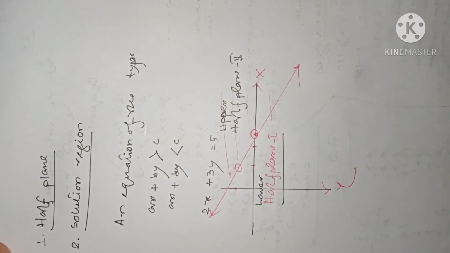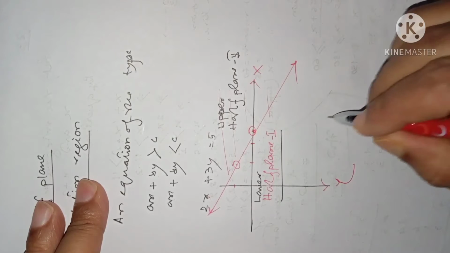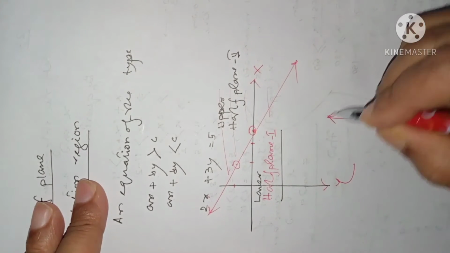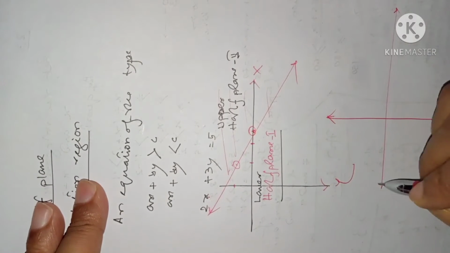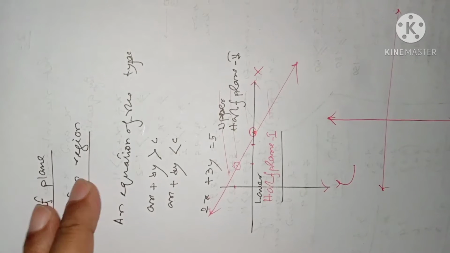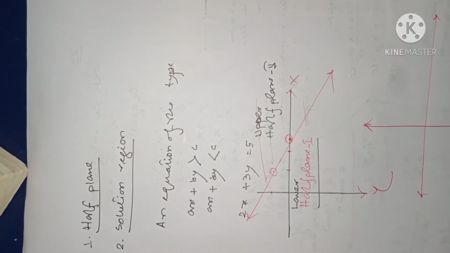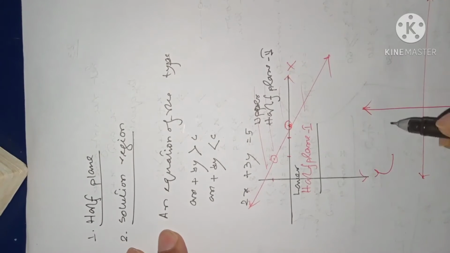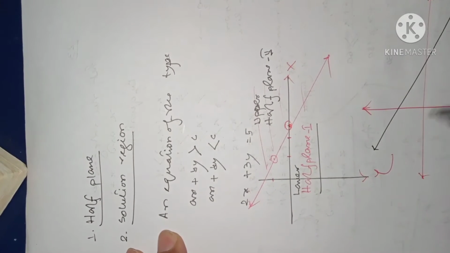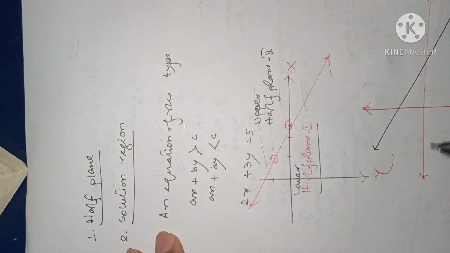So just remember this point, that whenever we draw a straight line in a plane, the whole plane gets divided into two parts. Each part is called a half plane. So here, I have drawn this straight line and divided the whole plane into two parts.